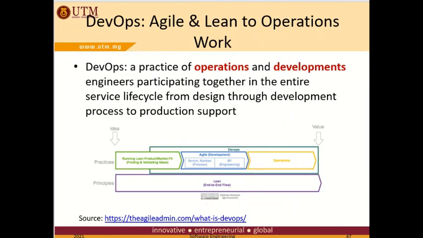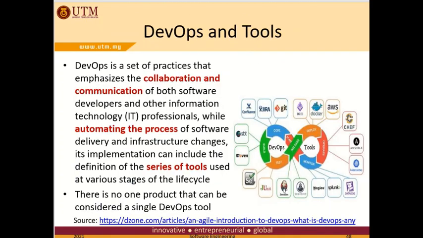DevOps is the coming together of both development and operation teams into a coordinated workflow such that collaboration and productivity are improved to meet shared business goals. A typical DevOps process consists of 8 stages, namely plan, code, build, test, release, deploy, operate, and monitor.